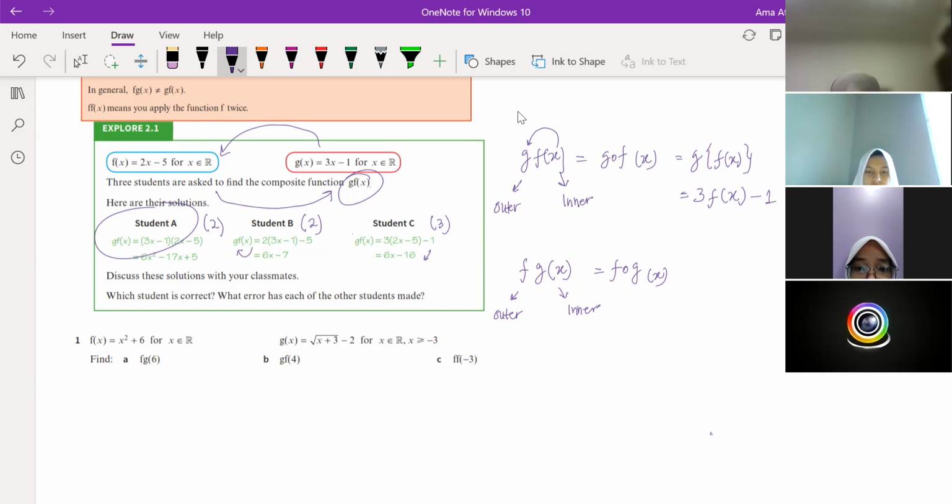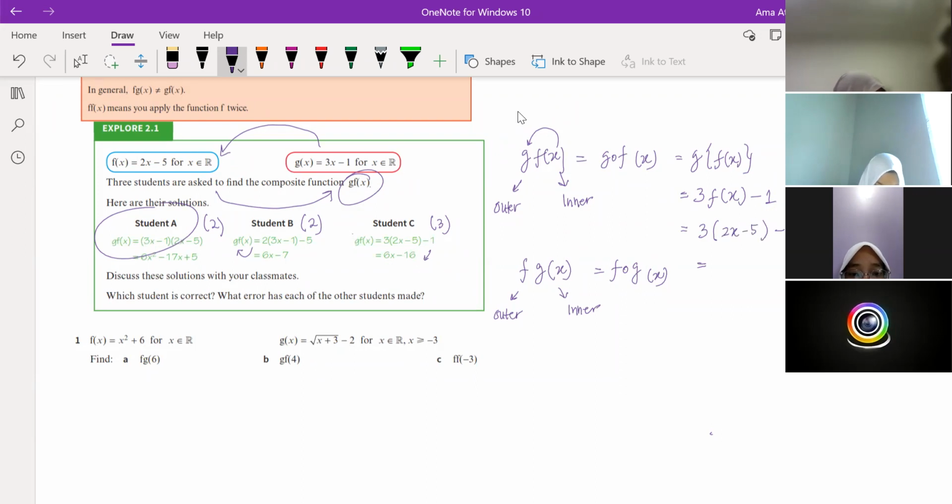So we are changing x in the function g with f of x. Therefore, we get 3 multiplied by f of x, which is 2x minus 5, minus 1.